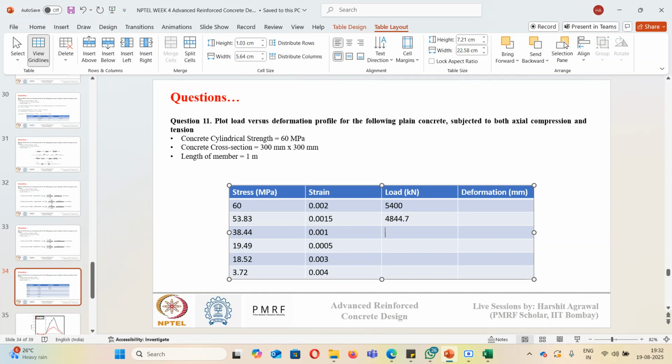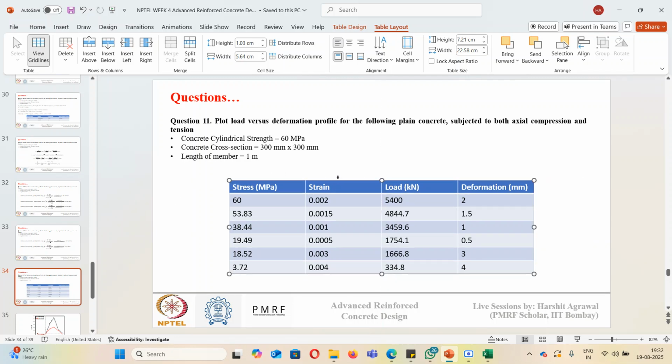Then at 0.001 it will be 3459.6, 1754.1 at 0.0005. At 0.003 it is 1666.8, and it is 334.8 at 0.004. And deformation is nothing but strain times the length. The length is 1 meter, so it is 1000 mm. So this is 2, 1.5, 1, 0.5, 3, and 4. These are the different points that we have calculated for the load versus deformation.